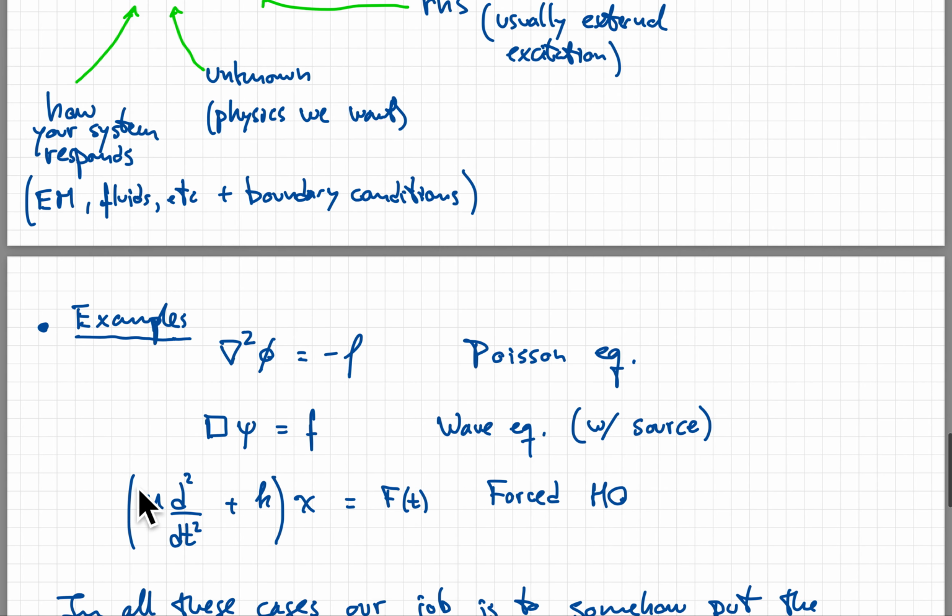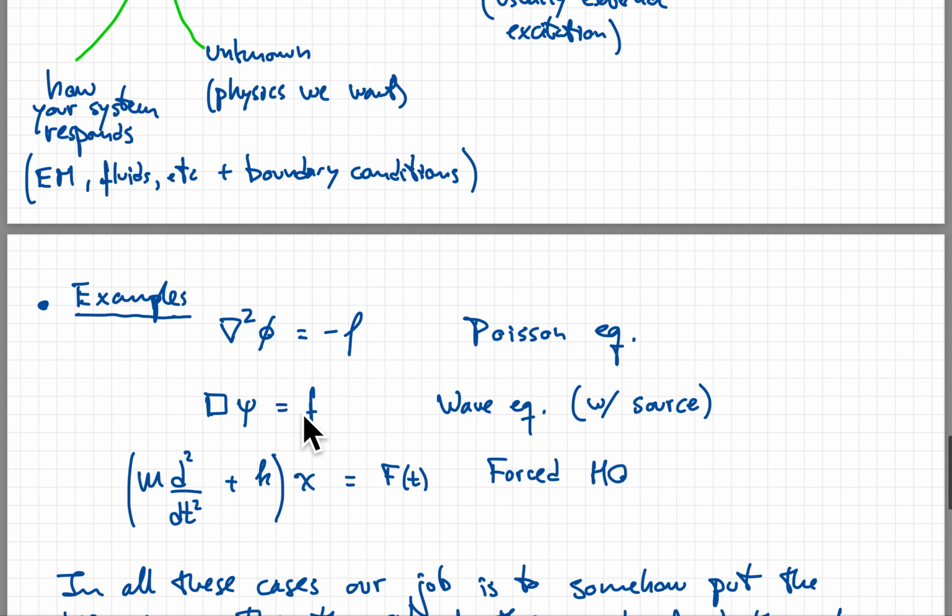And similarly, in the wave equation written down here in sort of relativistic way with this square operator, this is the wave operator, then you have your unknown, the form of your wave, and this f is source, something that somebody does to excite that wave.